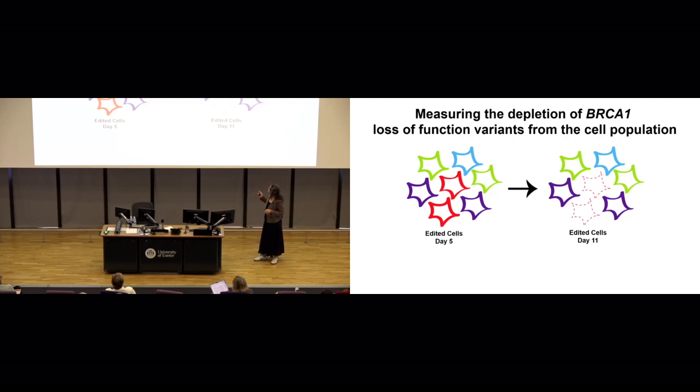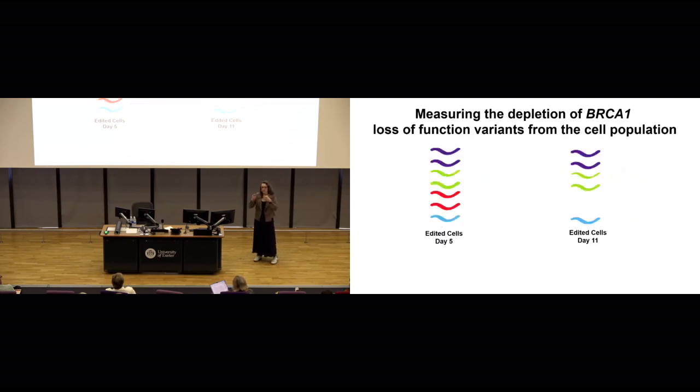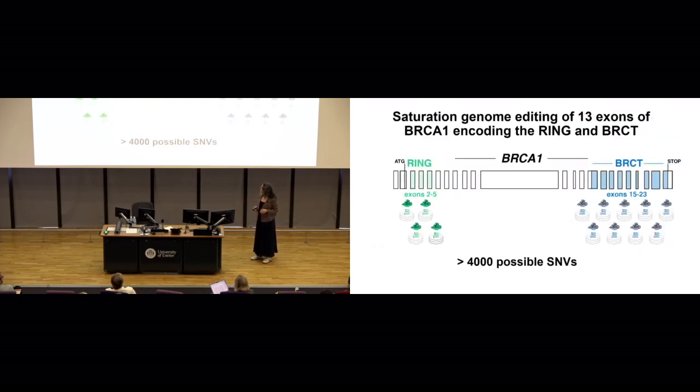And so we see which of these variants become depleted over time. We sequence the targeted region. We sequence the day 5 cells to see which variants got into the genome. We sequence again at day 11 to see which variants became depleted. And then we generate scores. For about every 150 bases that we target, we need to do another experiment. So this is where all of the work is.